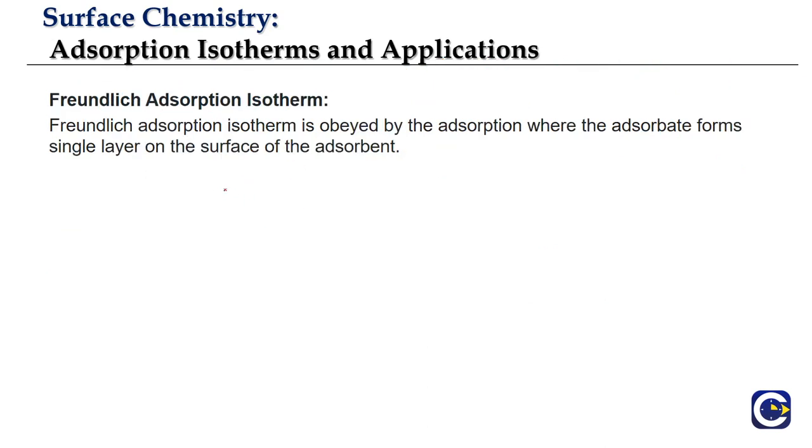Now when we talk about the Freundlich adsorption isotherm, it is an empirical isotherm which considers that the adsorbate will form a single layer on the surface of the adsorbent.